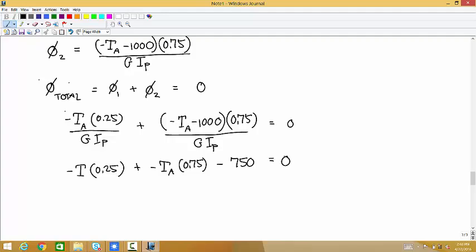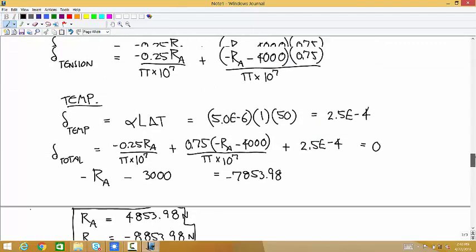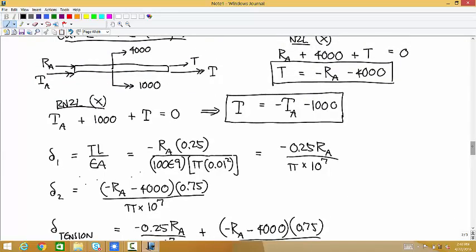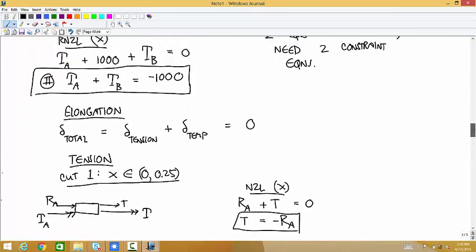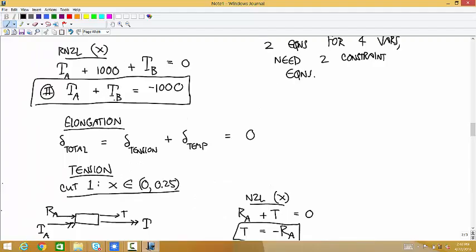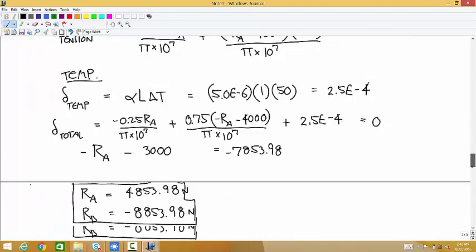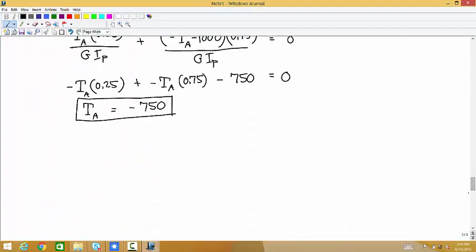And so fancy TA is equal to negative 750. And then you can go back to the second static equation that we got. TA plus TB is equal to negative 1,000. So fancy TB has to be equal to negative 250.